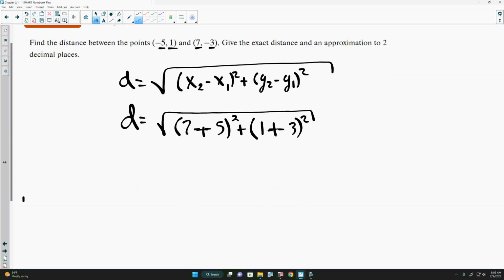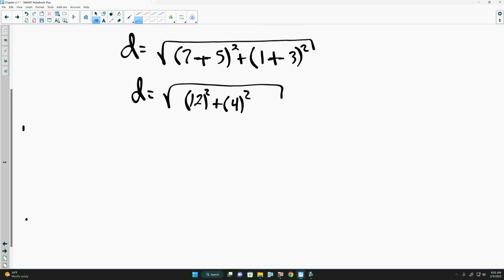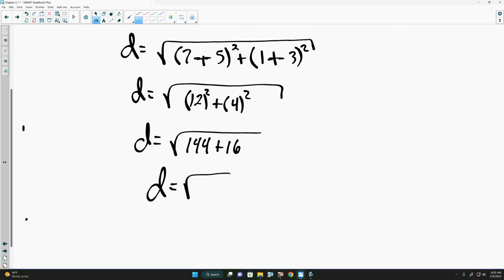So we're really looking at just 7 plus 5 and 1 plus 3. 7 plus 5 squared is 12 squared plus 4 squared. 12 squared is 144. 4 squared is 16. And 144 plus 16 is 160.